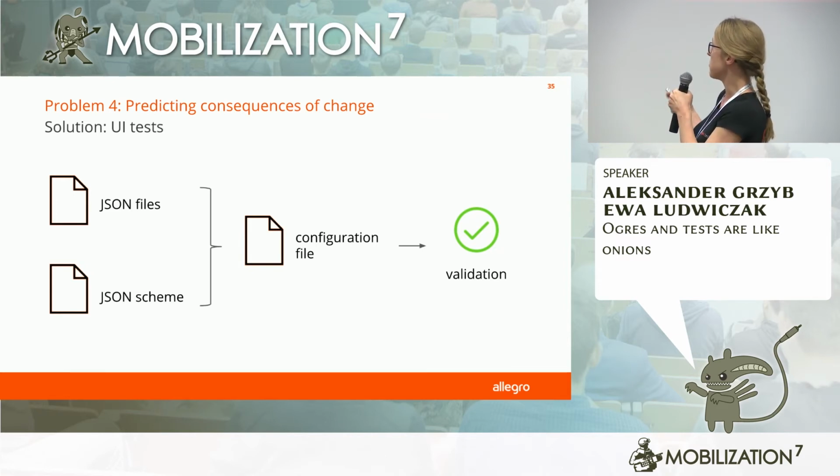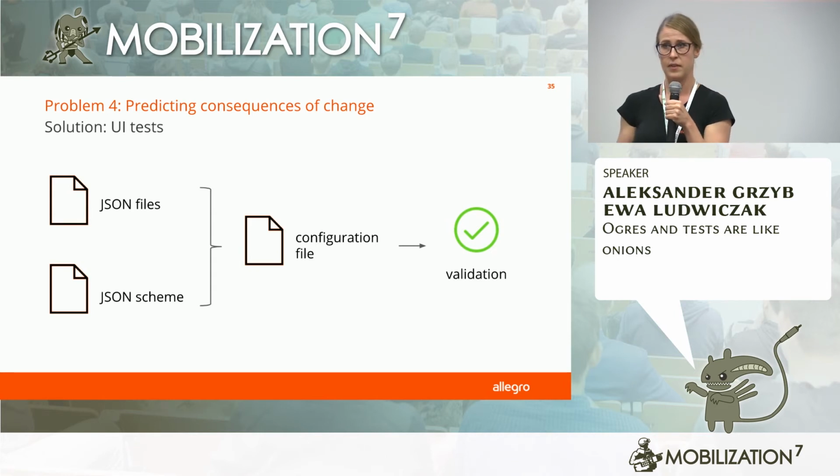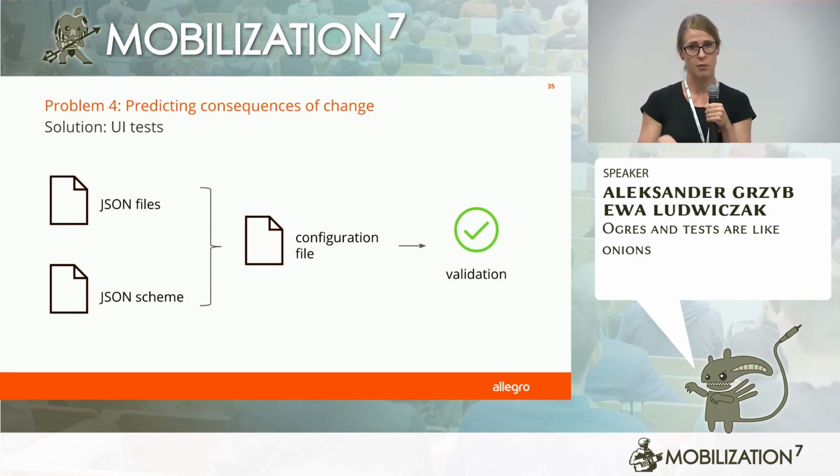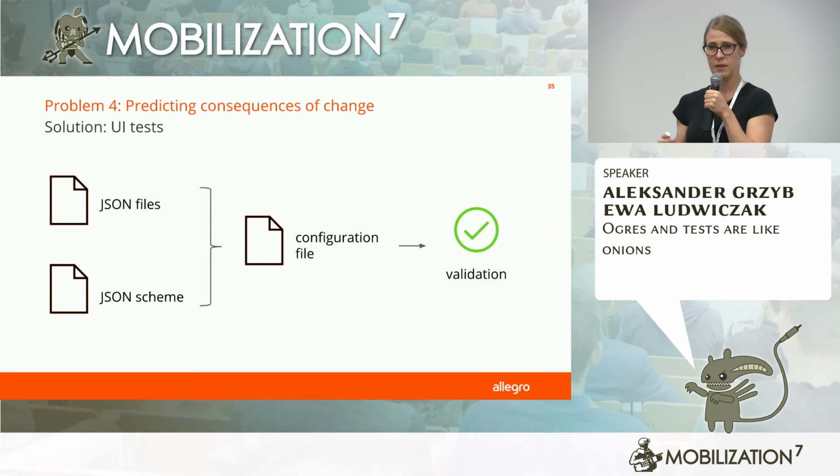Based on that, there is a configuration file, which is input for the actual validation. In this way, we are sure that the stubbed requests we are using are up to date. So every time the UI tests are running, the actual schema verification is run as well. So we are then sure that the stubbed requests are up to date.